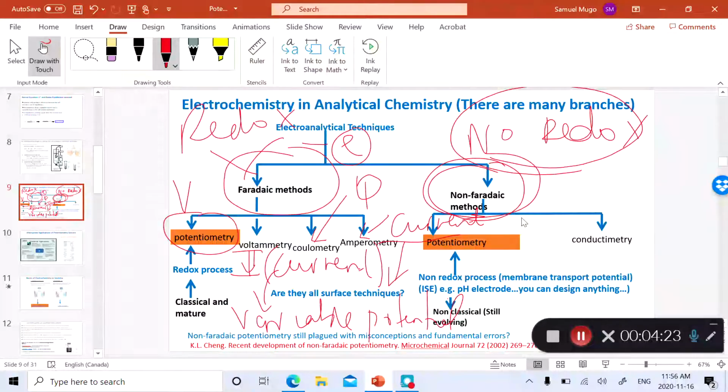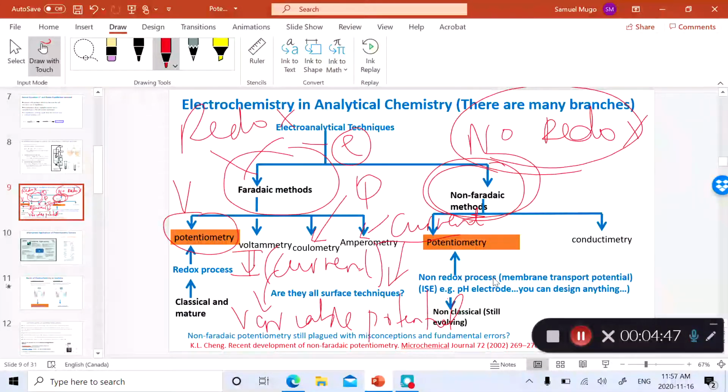On the non-Faradaic methods, on the other hand, where there's no redox process taking place, you can group them into potentiometry again. In this case, the potential difference is generated out of a charge separation where you've got two sets of membranes separating two ions.